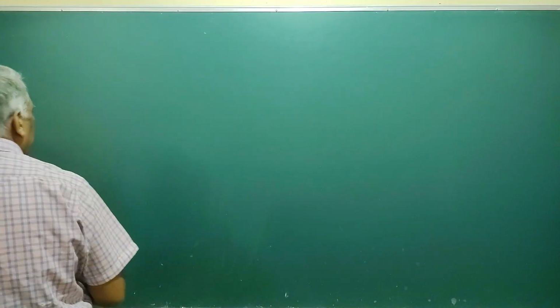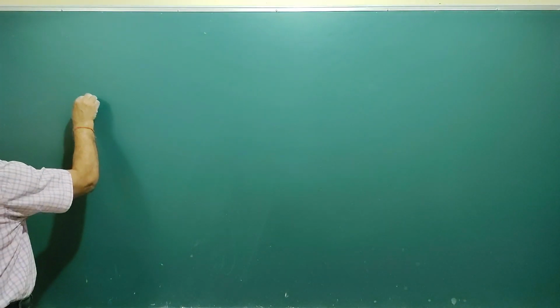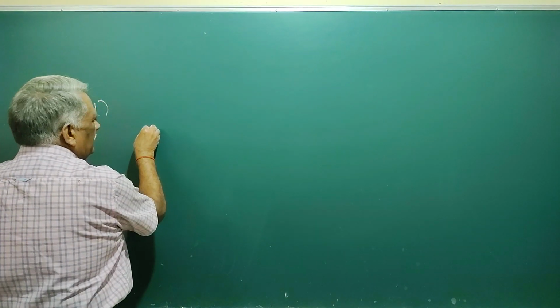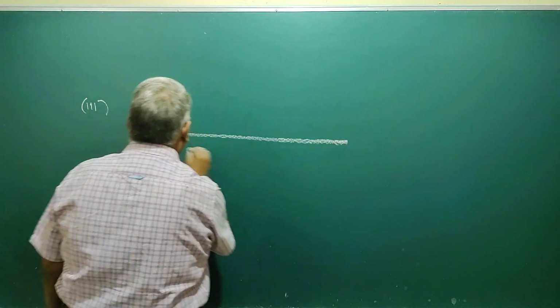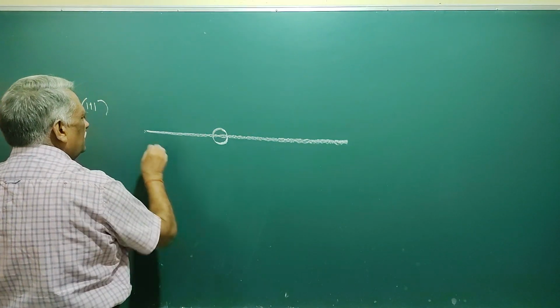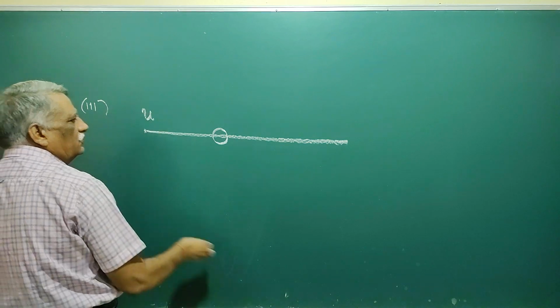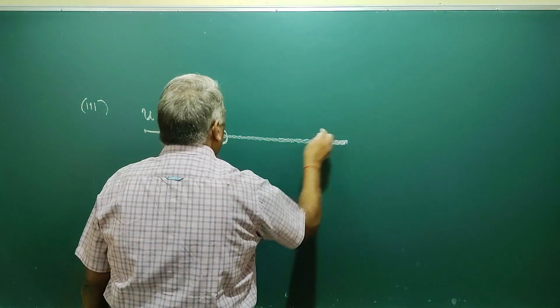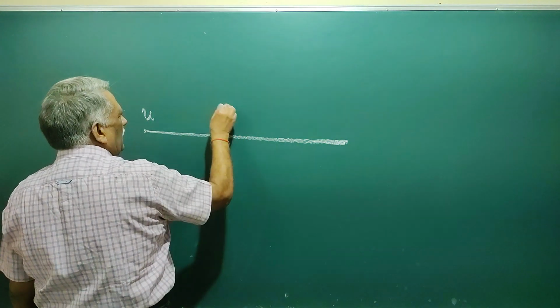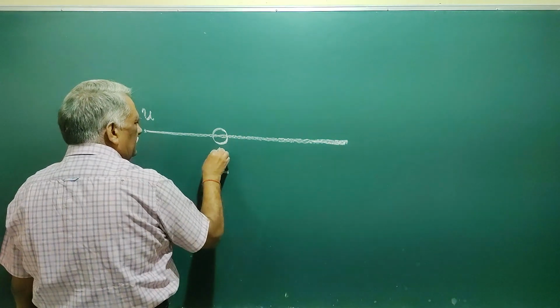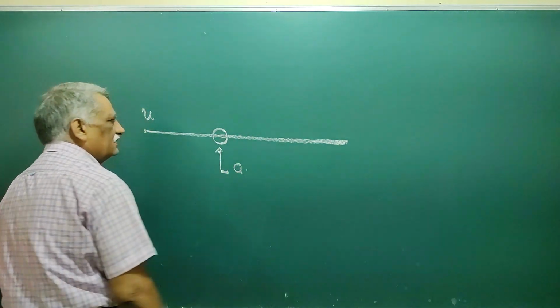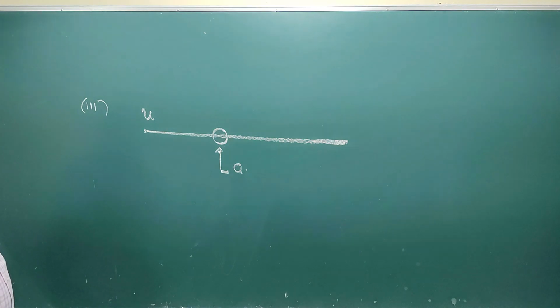Now let us consider another problem. A particle is moving like this. Initial velocity u and acceleration of the particle is a.